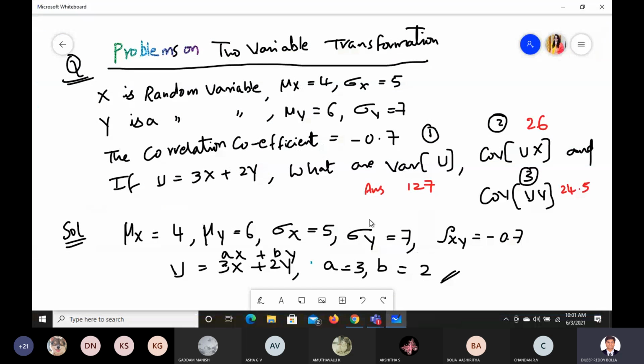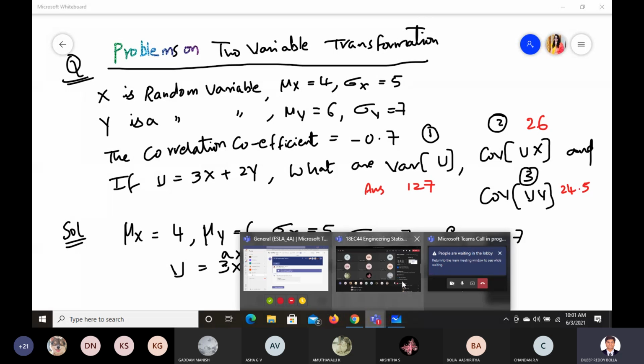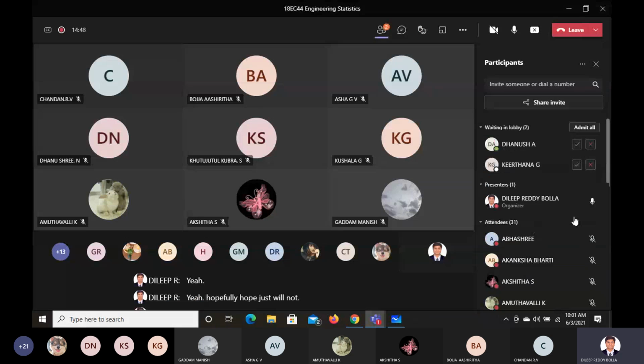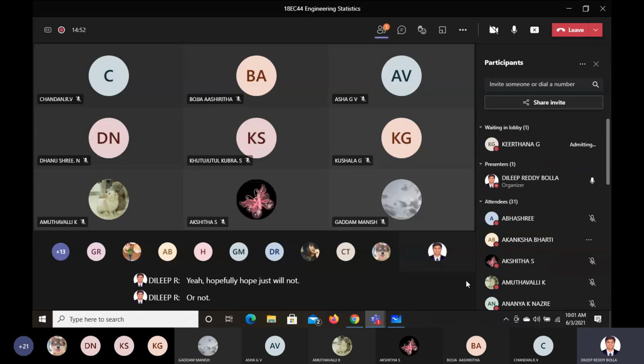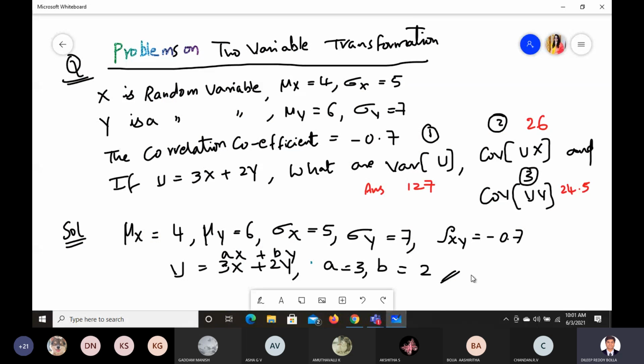Yes. So this is the problem that I have told you to solve. Have you solved it or not? So yes or no?